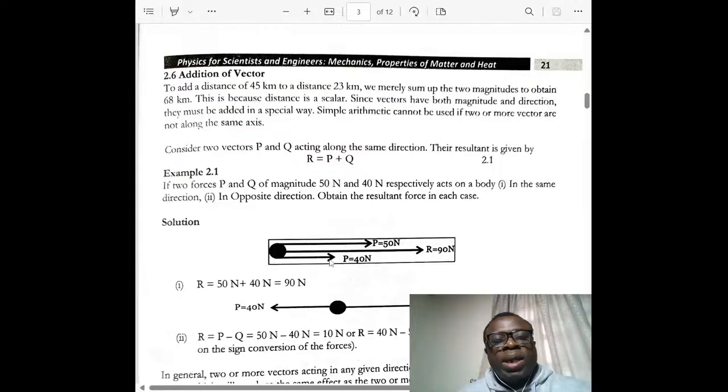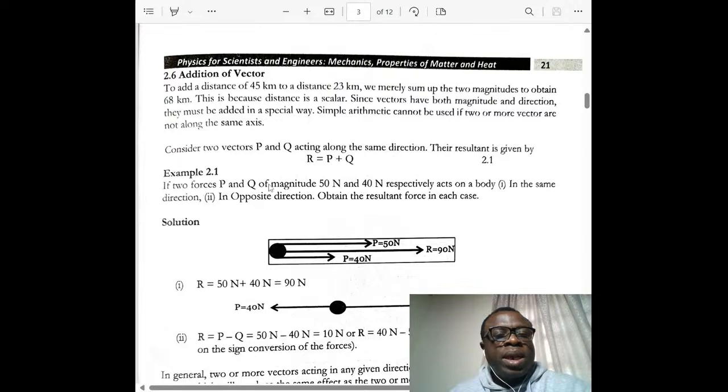The arrow is showing that they are moving in the same direction. So what is here is the resultant. The resultant is the total vector. The total, net, or resultant all mean the same thing. So for you to have this R, you simply add 50 plus 40, and that is the reason why you are getting R equal to 90.